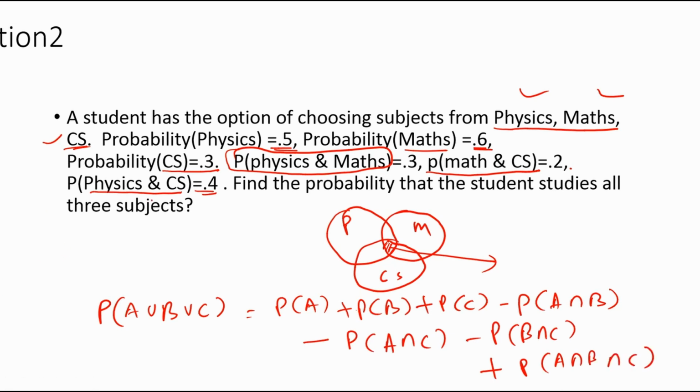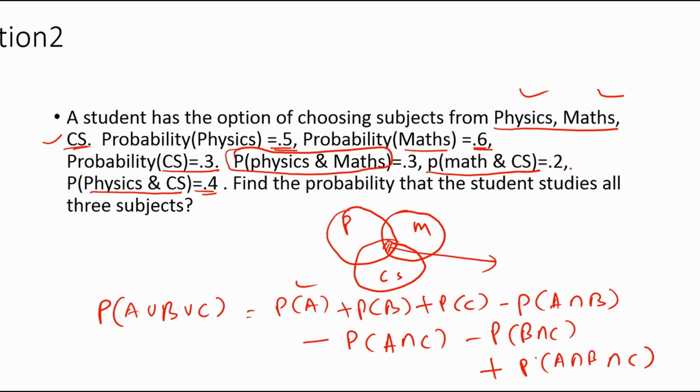And we have been given these values, right? P of A, P of B, P of C, which is 0.6, 0.3 and 0.3 respectively. We also have the probability of A intersection B, that means physics and maths, which is 0.3, and then A intersection C is maths and computer science, 0.2, and B intersection C, which is 0.4.